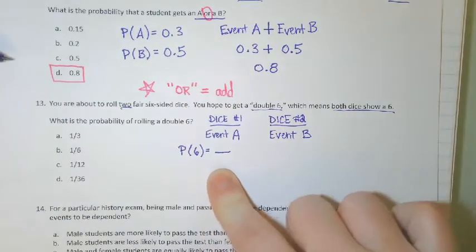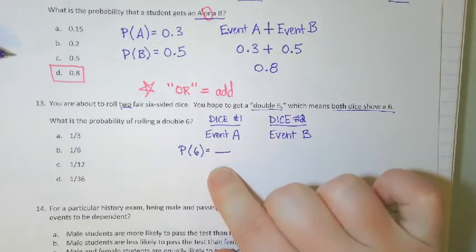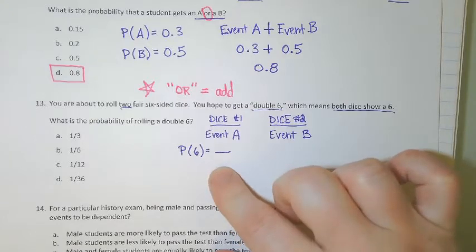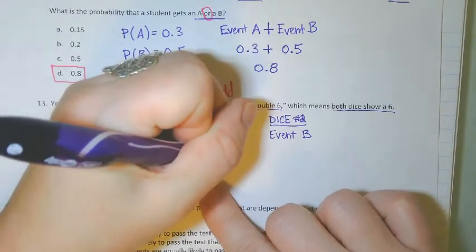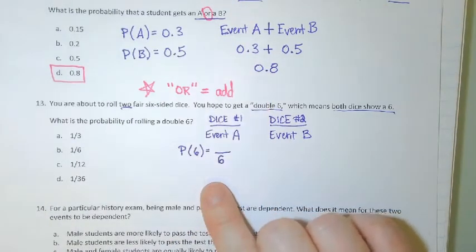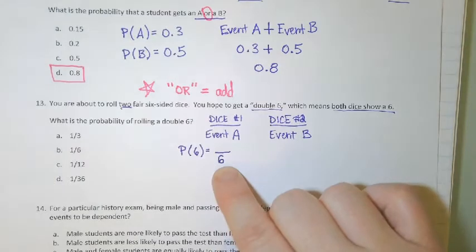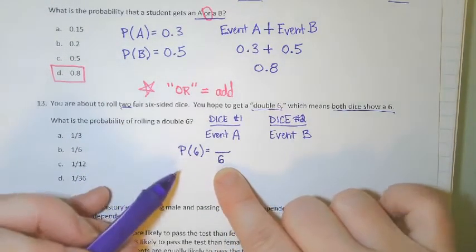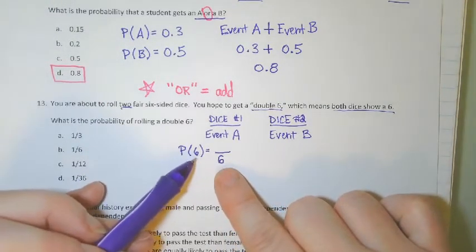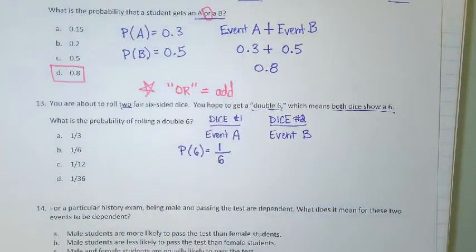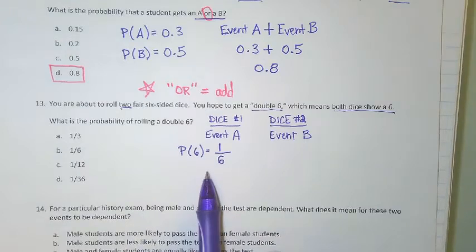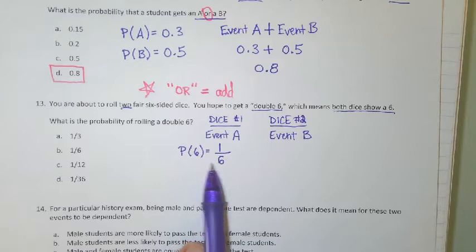If I have a regular die, there are 6 different numbers, 1, 2, 3, 4, 5, 6, so I have a total of 6 options for that die. Of those 6 options, we're only interested in one, the 6 in particular. So the probability of rolling one individual die and having it land on a 6 is 1 in 6.